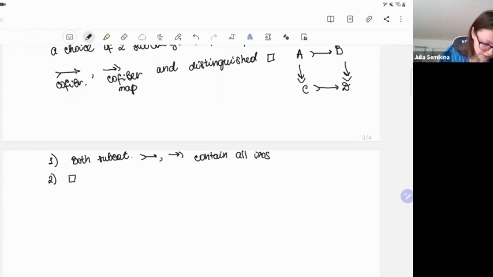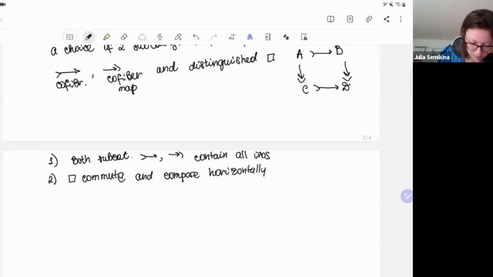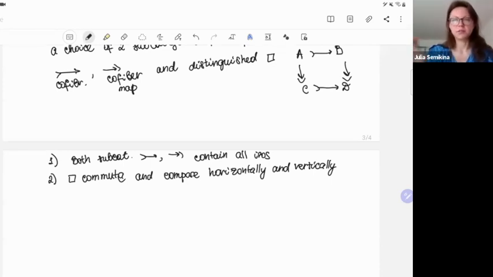Second condition: squares commute, this is what I told you, but I did not write it. So squares commute and compose horizontally and vertically. What it means is, if you take two squares with a common side and you stack them together, you can write a new diagram, and this new diagram is forced to be a distinguished square.